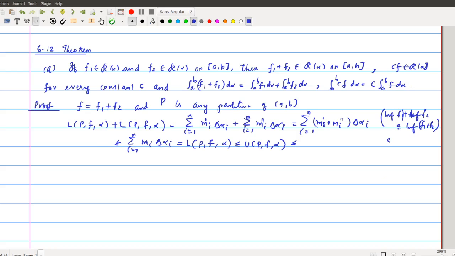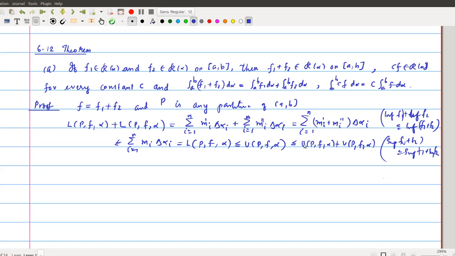Similarly, the supremum of f1 plus f2 is less than or equal to the supremum of f1 plus the supremum of f2. When we use this, you can write U(P, f, alpha), where f is f1 plus f2, explicitly in this manner, and conclude with the inequality that it is less than or equal to U(P, f1, alpha) plus U(P, f2, alpha).